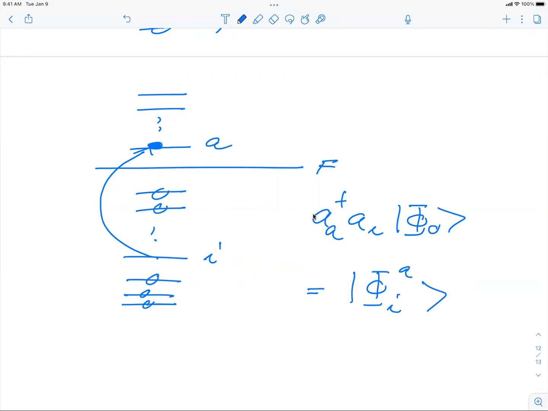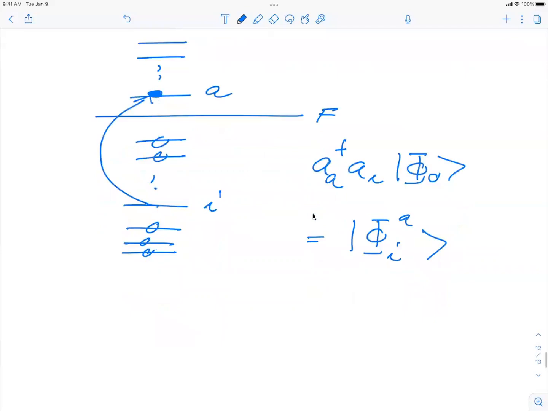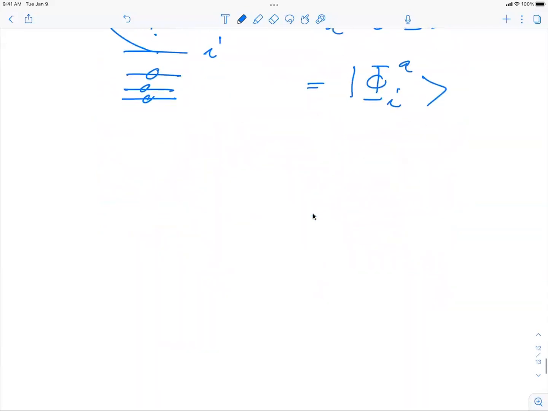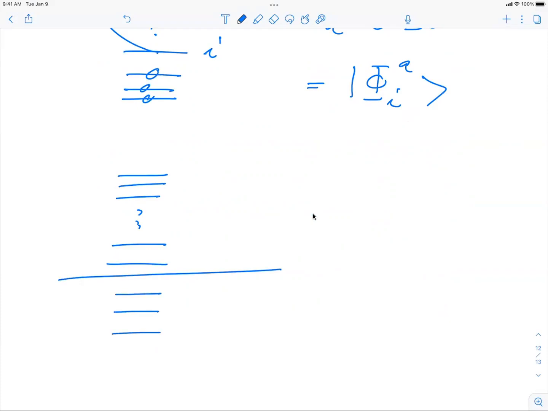So remember again that if we have a two-body interaction, it acts on two particles at the most, at the same time. So what we could define in addition now is a new state. Let's bring back all these states which we have here. Now we have a Fermi level, and we have a state I and a state J, which have been left empty. So we have filled in all states here.